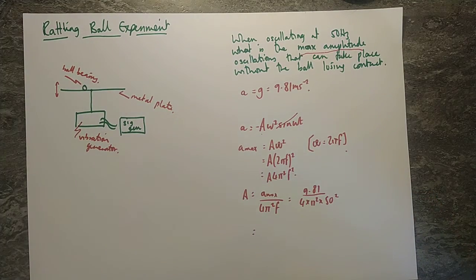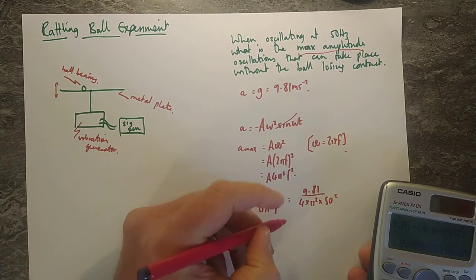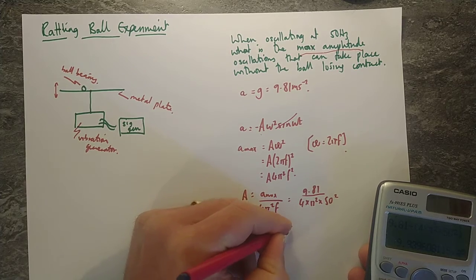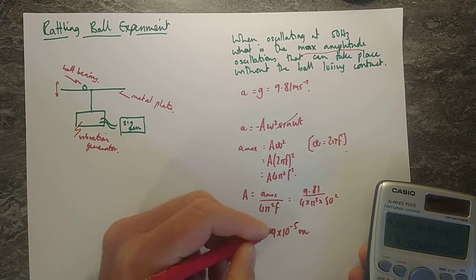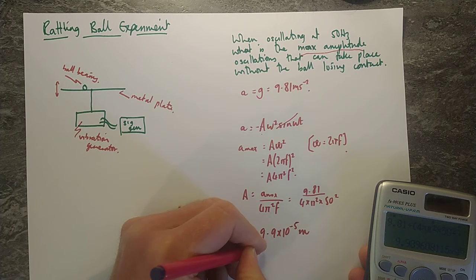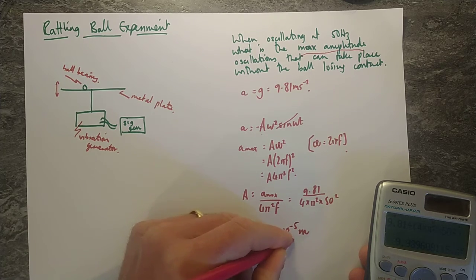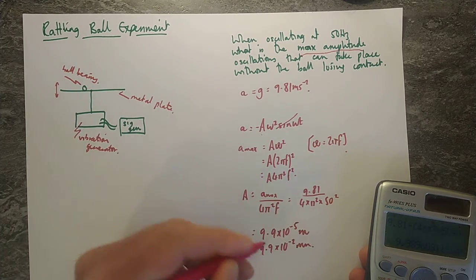I'll just type that into my calculator. 9.81 divided by 4 times pi squared multiplied by 50 squared is 9.9 times 10 to the minus 5 meters, which is 0.1 millimeters.